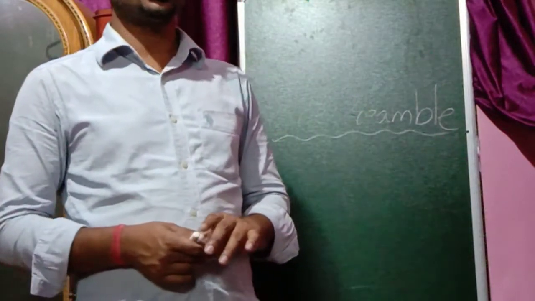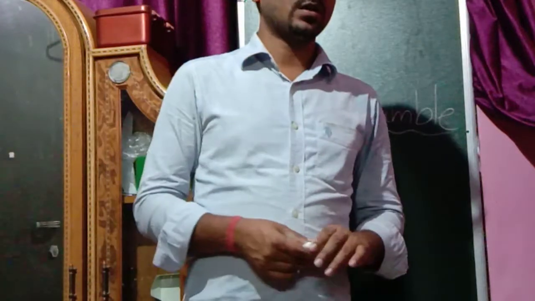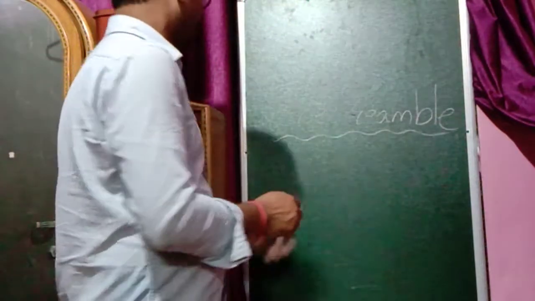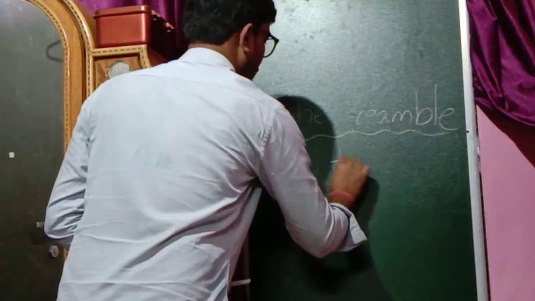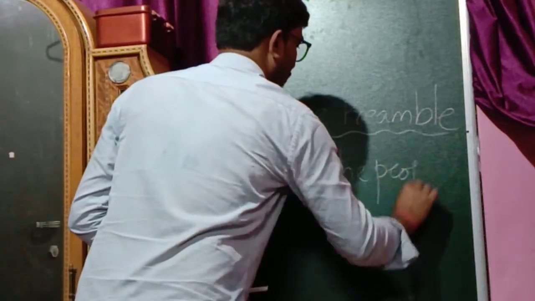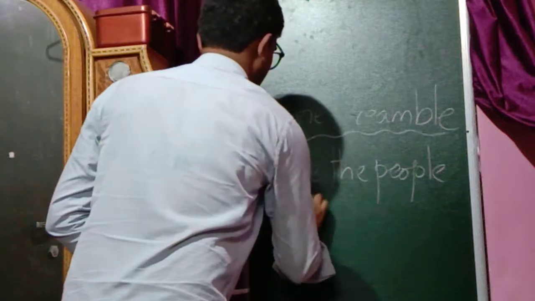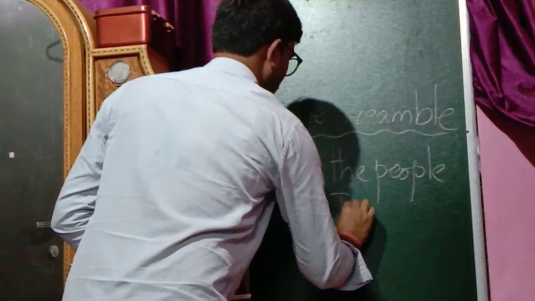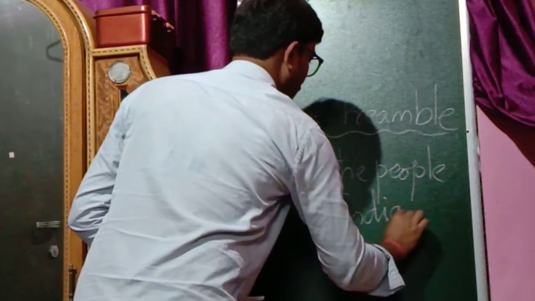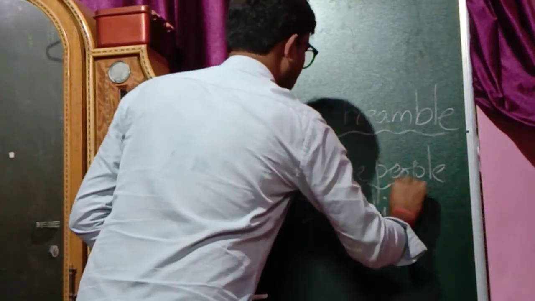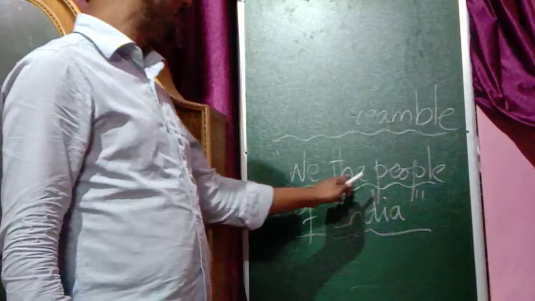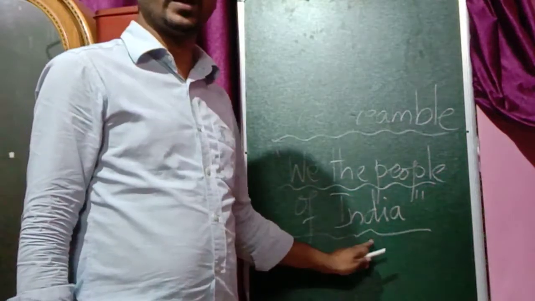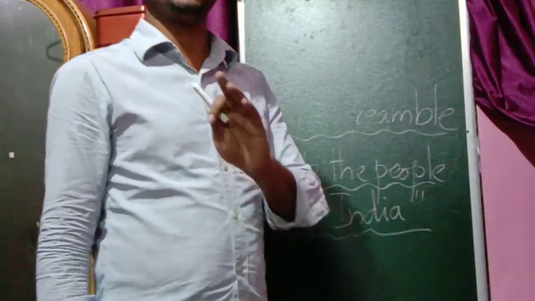Now, the next question is about how and in what way the Constitution of India that we are studying was framed. As we know, the preamble starts with the words, we the people of India.